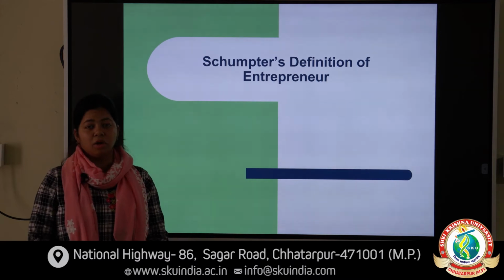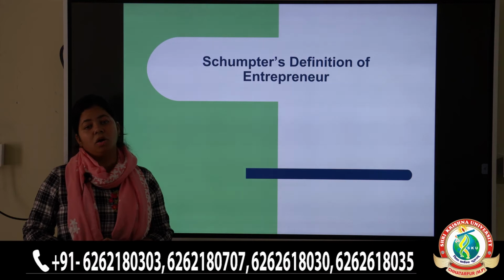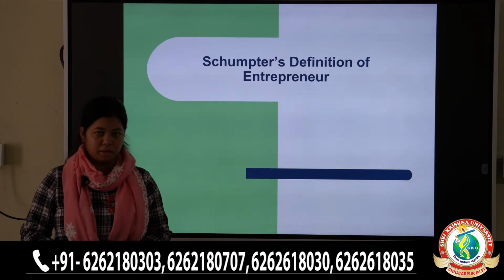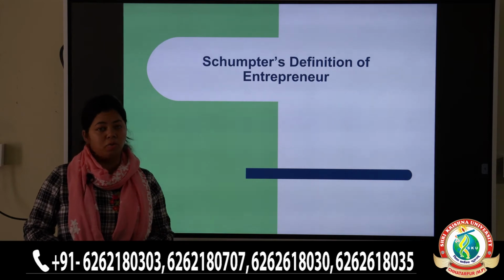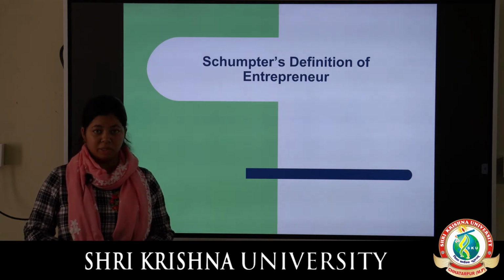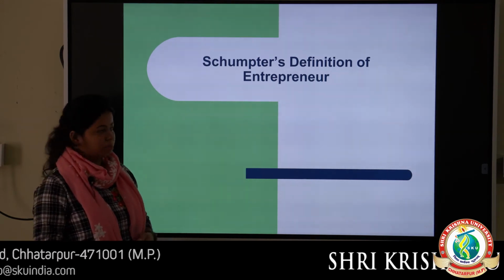When he has these kinds of innovativeness, then only can the entrepreneur survive in the market. Like I said, an entrepreneur needs to be an innovator. If he is innovative in nature, the product or service is going to be taken by the customer preferentially.